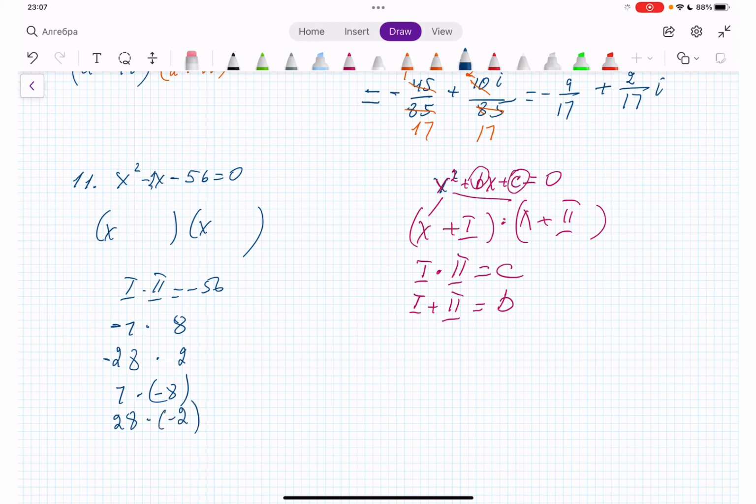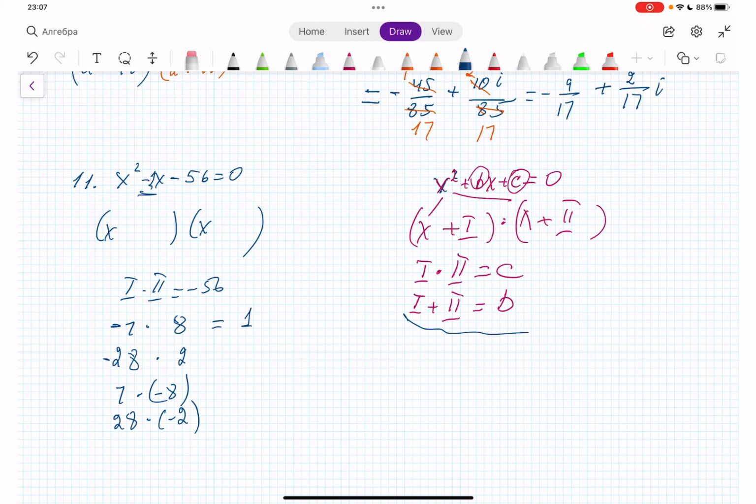Okay, so how do we figure out which one is the answer? All of them, if you multiply, you get negative 56. But we are going to filter by the addition. Here we have negative 1. So whichever gives an addition of negative 1, that one will be the answer. Negative 7 plus 8 is positive 1. It's not working.